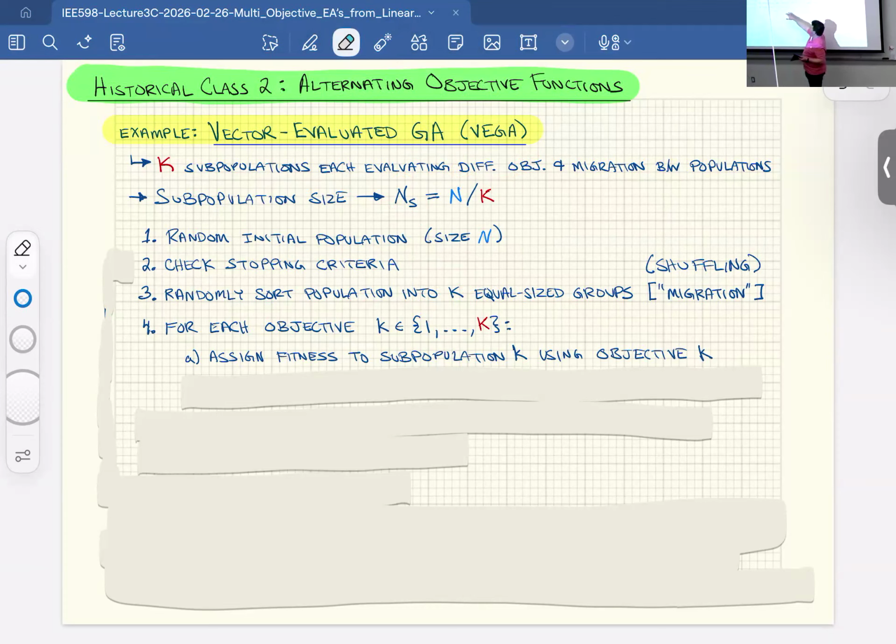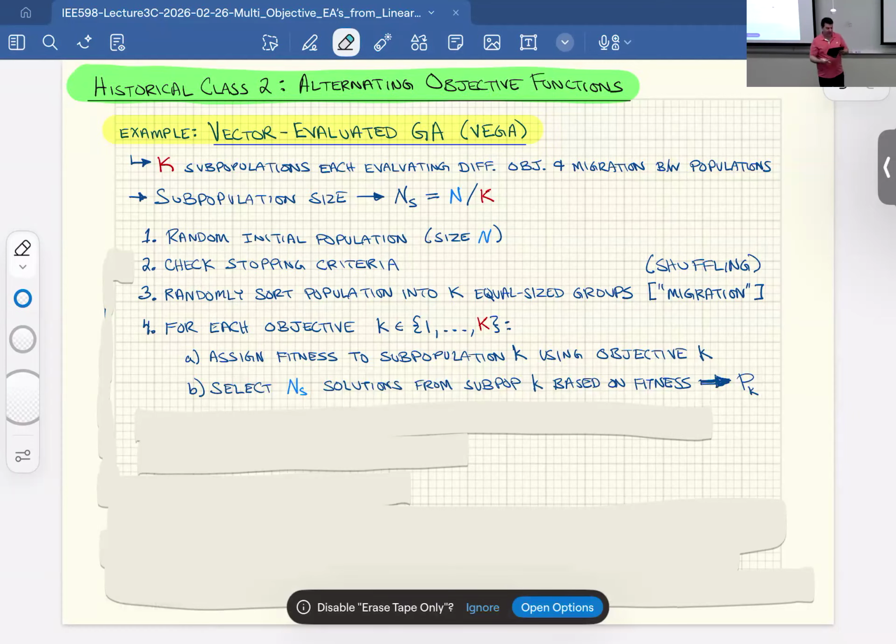Then for each objective, we assign a fitness to a subpopulation based on one of those objectives. So we randomly sort them into K groups, and then we randomly sort the fitness objectives on top of those K groups. Then for each group, we calculate their fitness based on the objective assigned to that group. So there's no weighting of that.